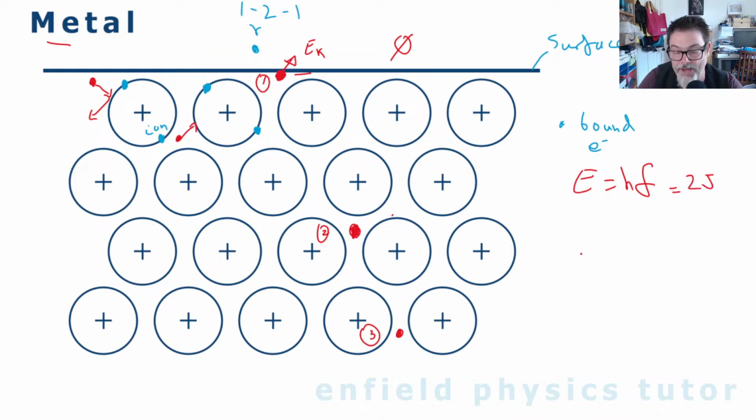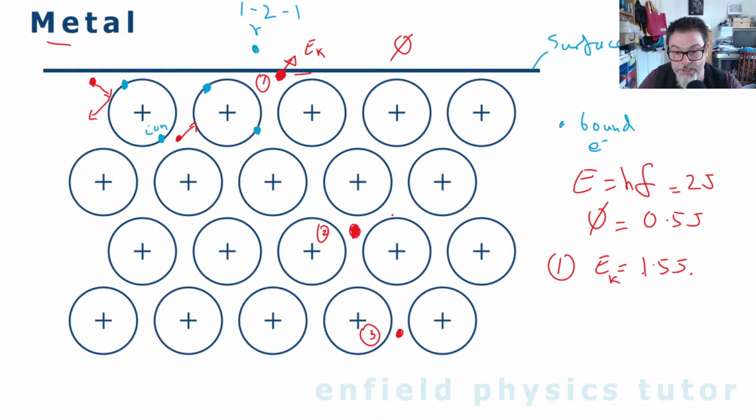Stupid value, I know, but let's just say. So each electron, 1, 2 and 3, gains 2 joules. If the work function is, let's say, half a joule, then electron 1 has gained 2 joules, it's right at the surface, so it flies out, and electron 1 will have an EK equal to 2 minus half, because half is the work function, 1.5 joules.